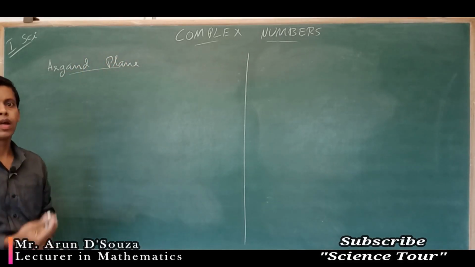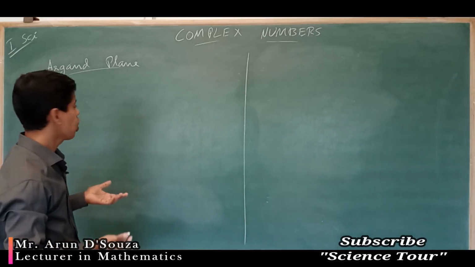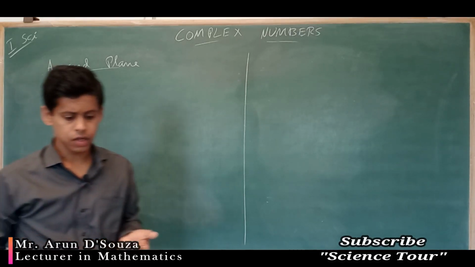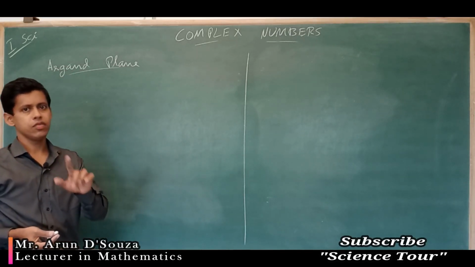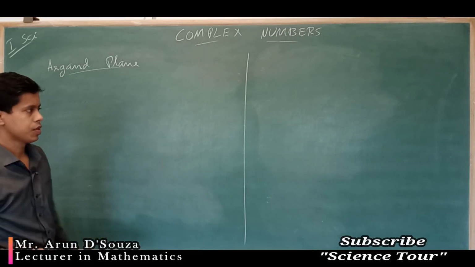Alright, so this is called Argand Plane or complex plane. Now what we will do here is this: I'll give an example and you can understand.